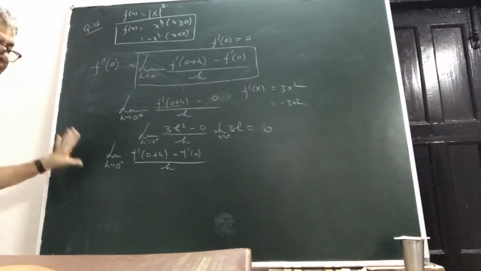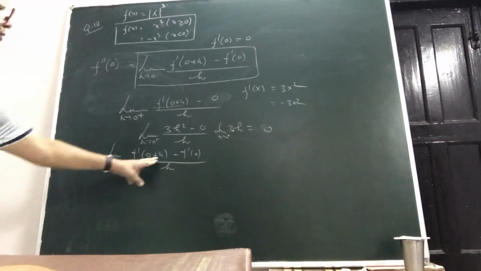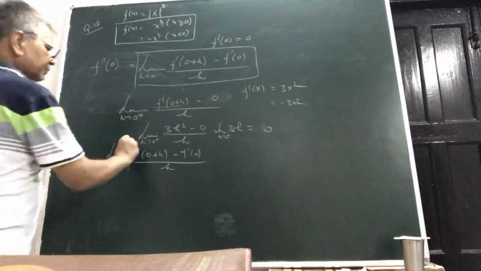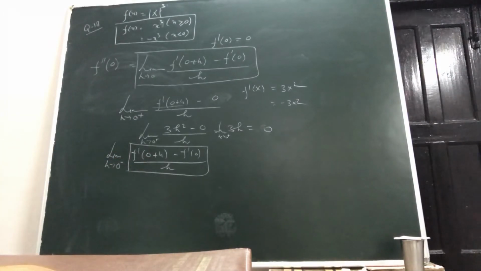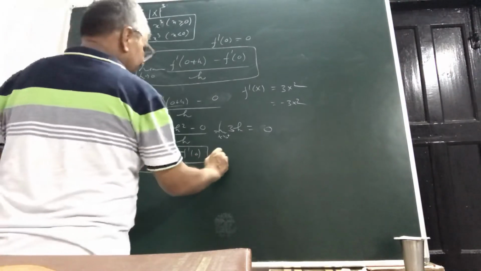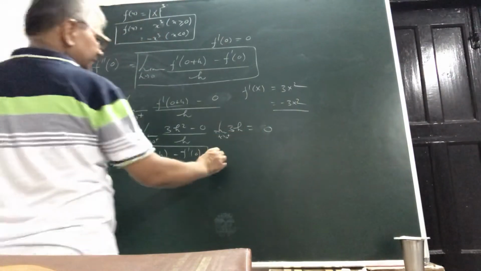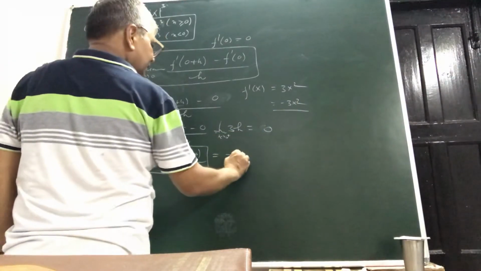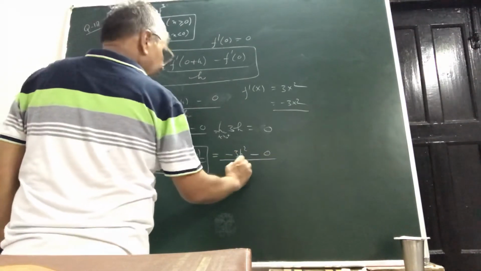For calculating the second derivative at 0, we have to calculate the left hand limit for this particular function, because the second derivative demands that this limit should exist. So f dash(0 plus h) on the left side will be minus 3h square, minus, and f dash 0 we have earlier seen was 0, upon h.